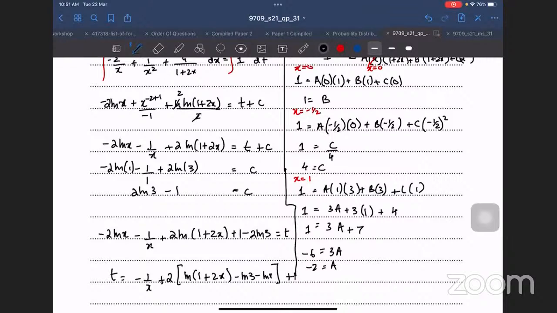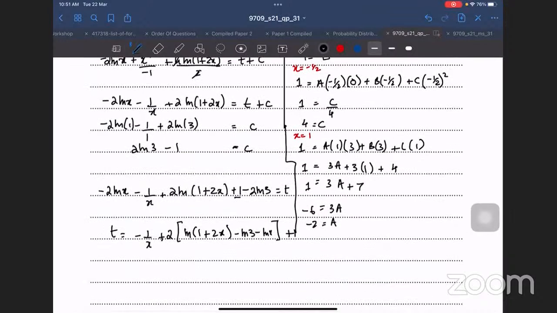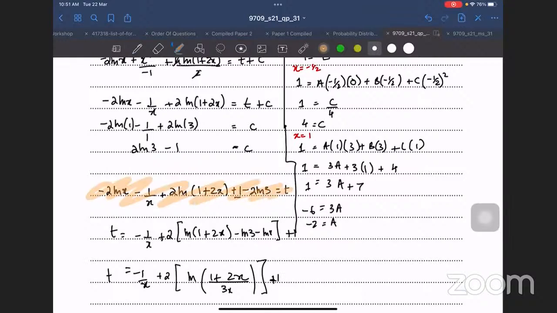And then there's a plus 1 outside as well. And I can say that these ln's sort of combine together and give you this, which equals t. I would leave it in this form as well, and we get full marks for this.